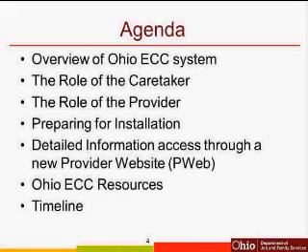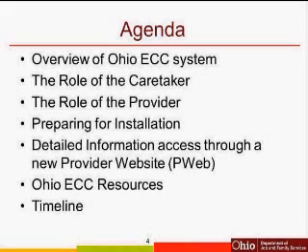Some common terms that you'll hear throughout the presentation are explained on the following slides. ODJFS is the Ohio Department of Job and Family Services. This is the agency that supervises publicly funded child care, including Ohio ECC. CDJFS is the County Department of Job and Family Services.